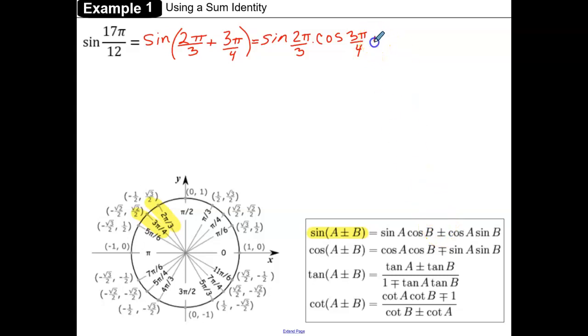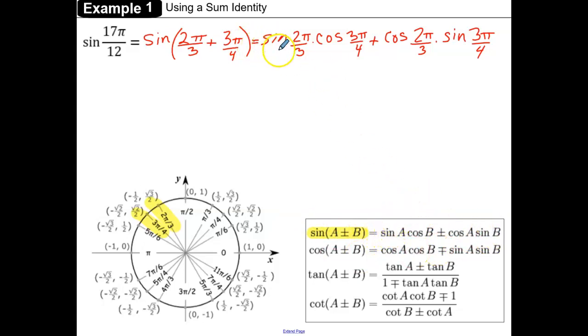Then a plus, and the cosine of angle A, and our angle A is 2 pi over 3. And then that's times the sine of angle B, and angle B is 3 pi over 4. Okay, so we just applied the sum identity for the sine function.